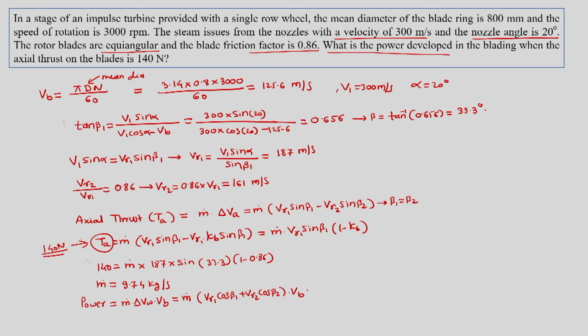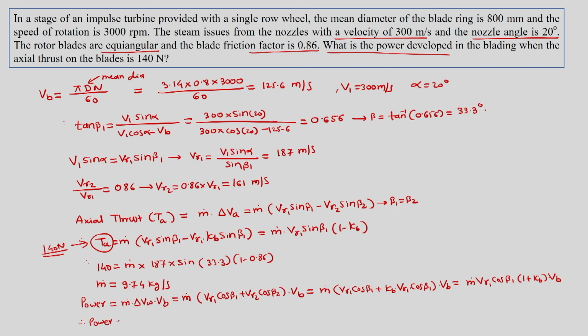Again we can write in terms of KB: VR1 cos beta 1 plus KB into VR1 into cos beta 1, into VB. So it is m dot VR1 cos beta 1 into 1 plus KB into VB.